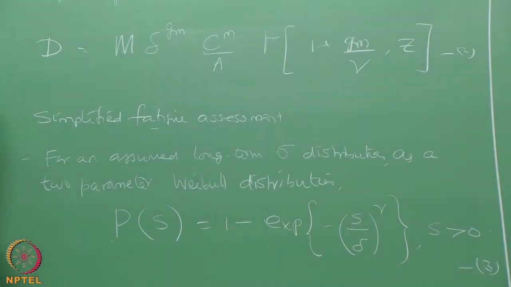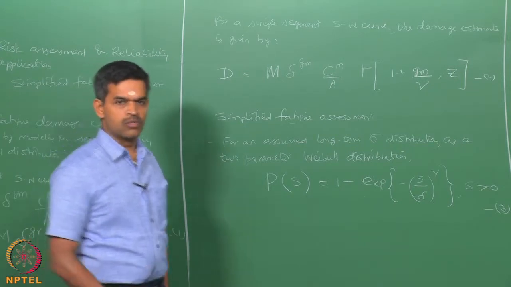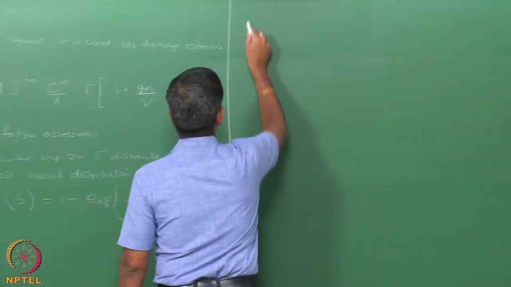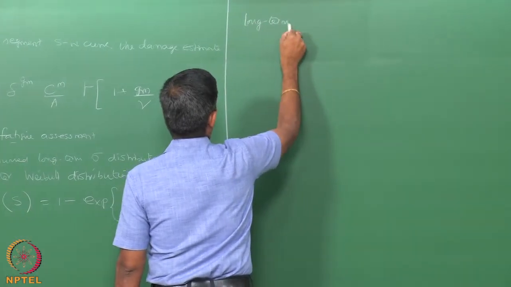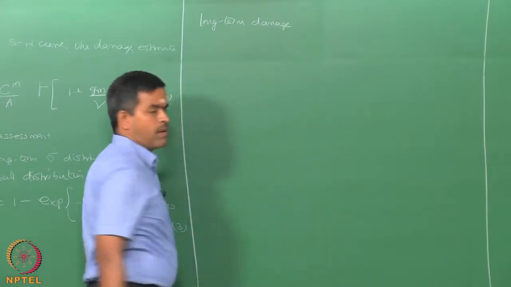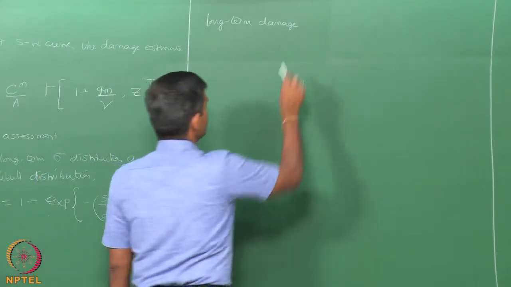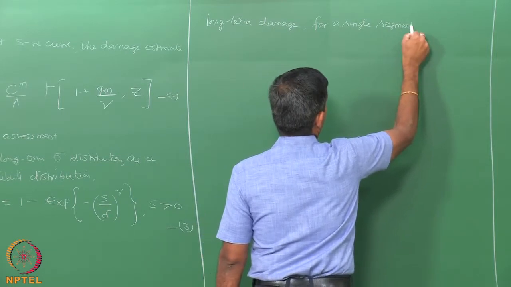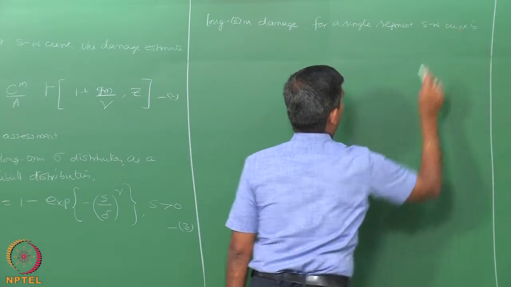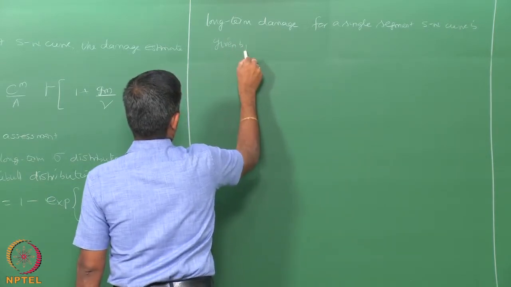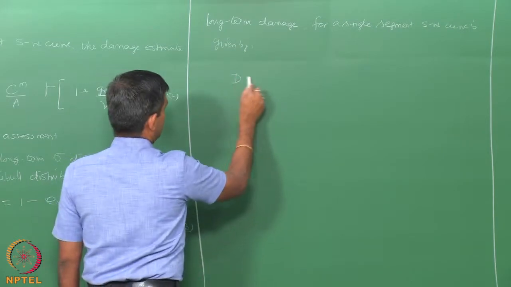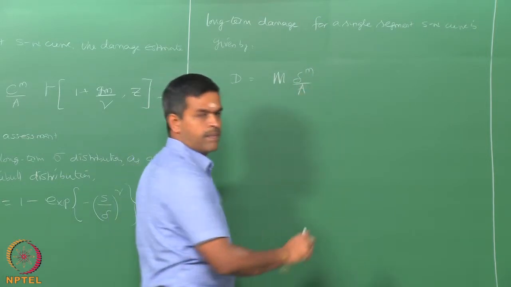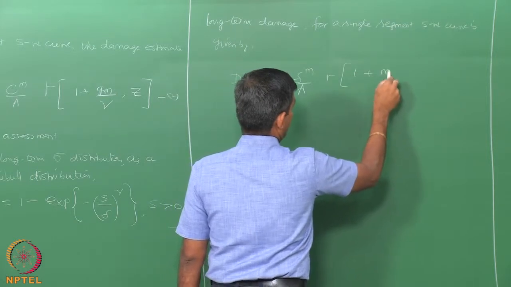Based on the Weibull distribution assumed for a long term stress distribution, the long term damage for a single segment S-N curve is given by, as we saw earlier, A gamma 1 plus.